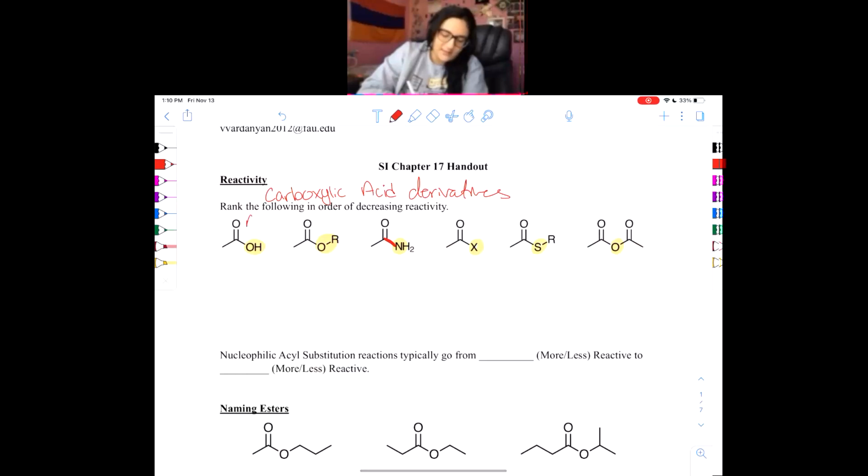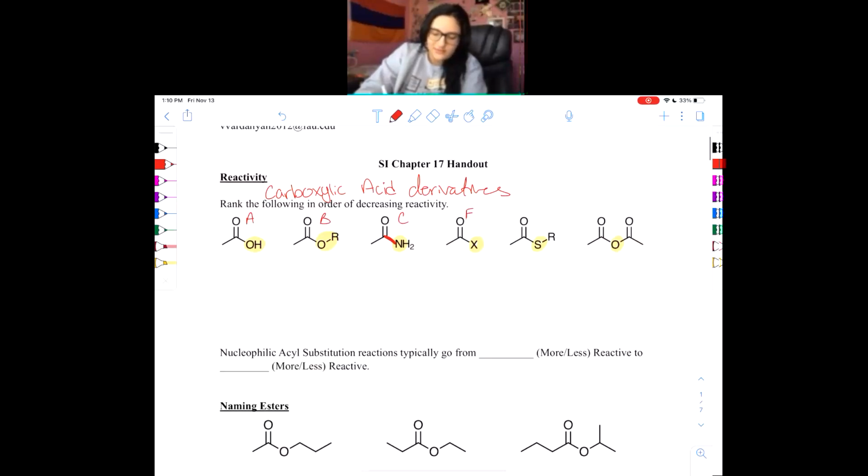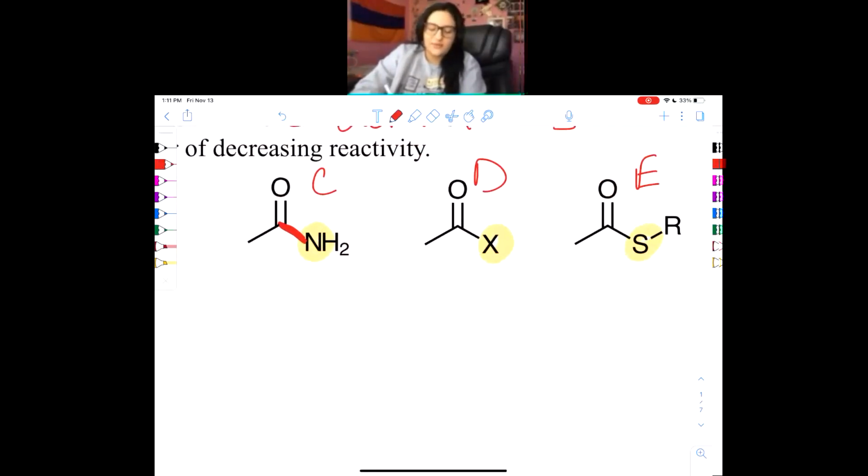And I'm going to give these letters so it's easier to write out the order. I totally did not just skip a letter. All right, so C is going to be the least reactive. I'm going to put it at the end over here. And the most reactive is actually going to be this guy right here. The reason it's the most reactive, aka the least stable, is because it pulls the electron density over here really hard, and it does not donate its electrons into the system like our other groups do through resonance.